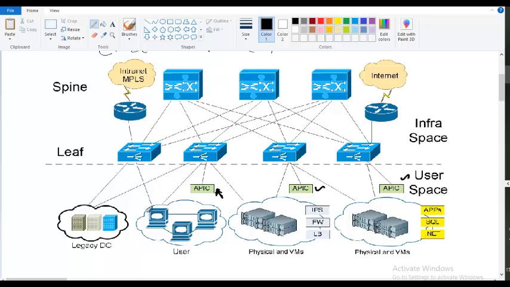Now, if you want this APIC to be operational, you need more than half of the actual size of the cluster. What is the cluster size here? 3. If one APIC goes down, no problem. You can still write to the APIC database. You can write the instructions. You can write the policies.